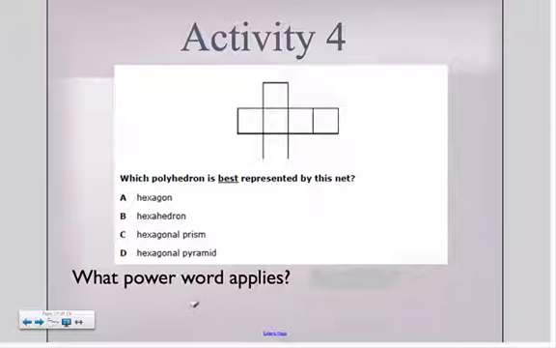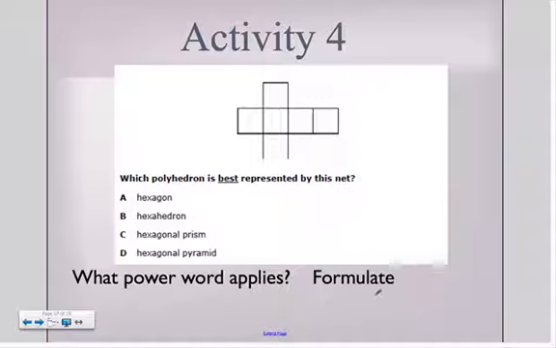This one's a little harder. Which one of the power words do you think applies to this question? Formulate.